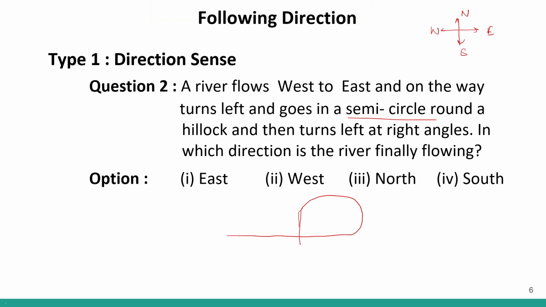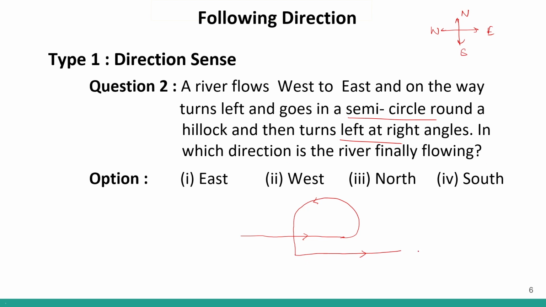So from here it was flowing west to east. Then it turned left and made a semicircle like this, right? Then it took a left turn. So left will be on this side, right? In which direction is the river finally flowing?